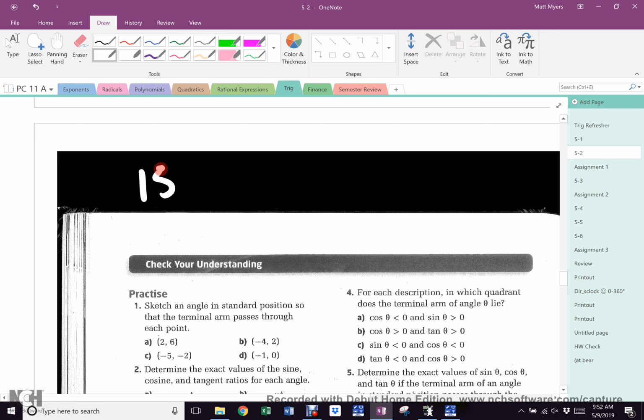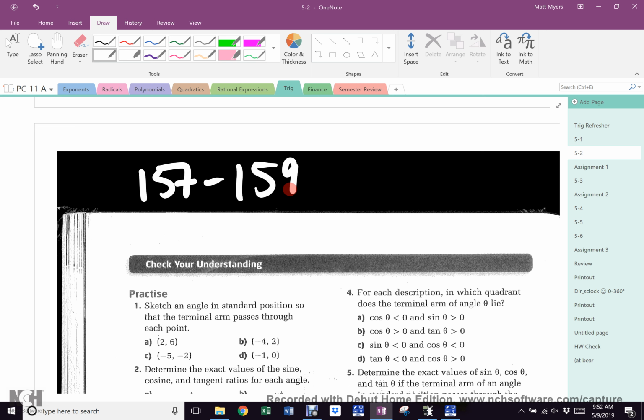Pages 157 to 159, I want you to do that in class right now. There are no answers for it, so you can work together. Your peers that aren't here can see this on the video, which they won't watch.